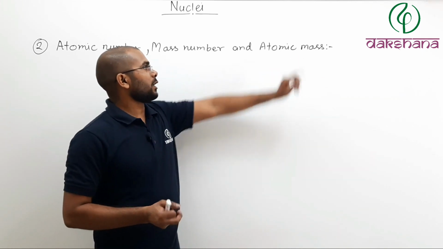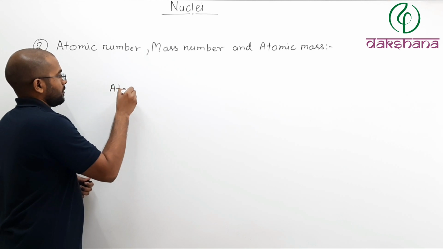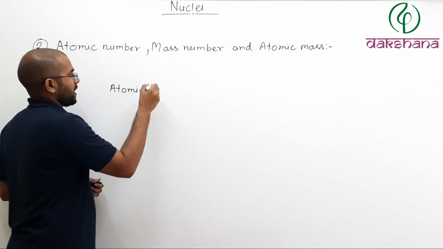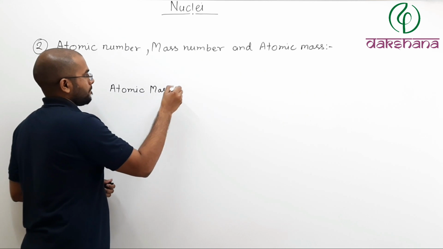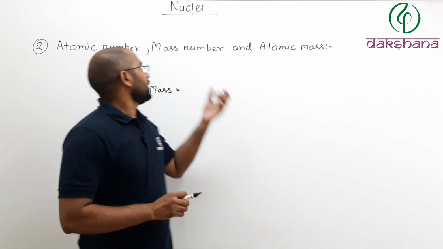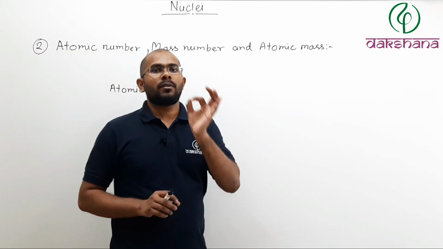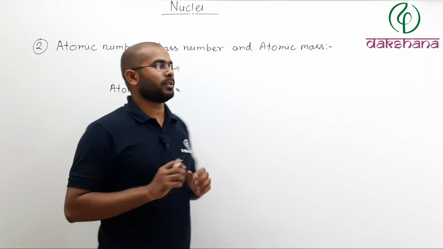Now, what is atomic mass? Right now we studied what mass number is: number of protons plus number of neutrons.